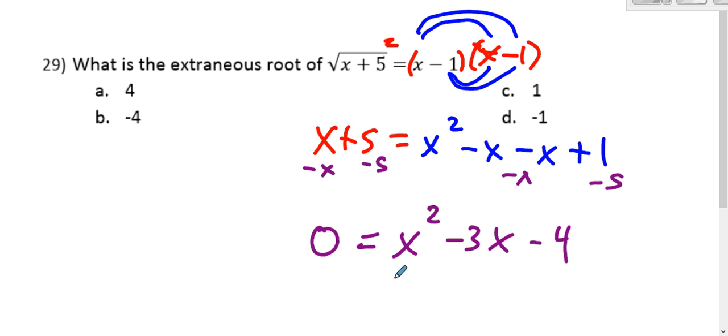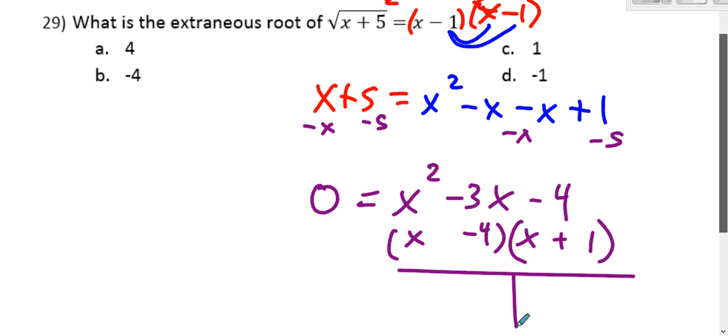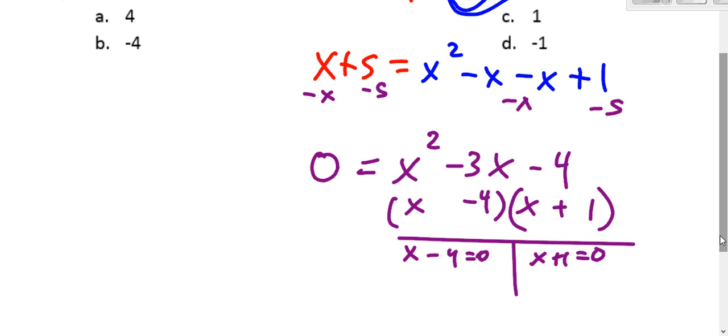Once everything's on one side, you can factor it. Multiply to be negative 4, add to be negative 3. So that's negative 4 plus 1. So x minus 4 equals 0, x plus 1 equals 0. X equals 4, x equals negative 1.